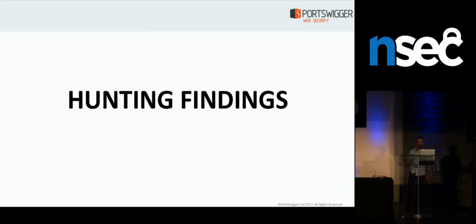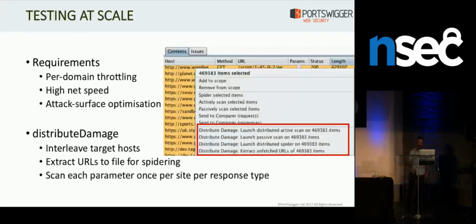Okay, that's enough about how the scanner works in theory. Let's look at what happens when you actually run it. I decided that I was going to scan everything that I could legally scan. And that means basically everything that has a bug bounty or a responsible disclosure policy that doesn't forbid automated testing.